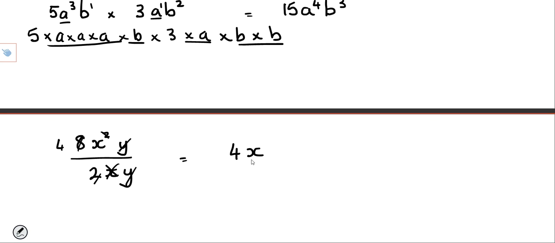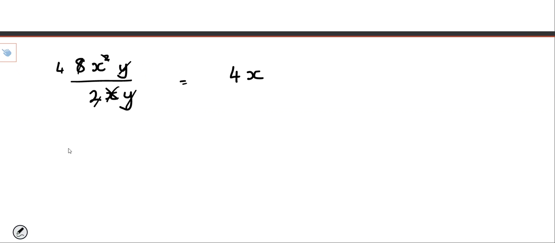We've done that before, haven't we? So for instance, if I said to you 18hg cubed over 2h squared g, what would it be? 9?